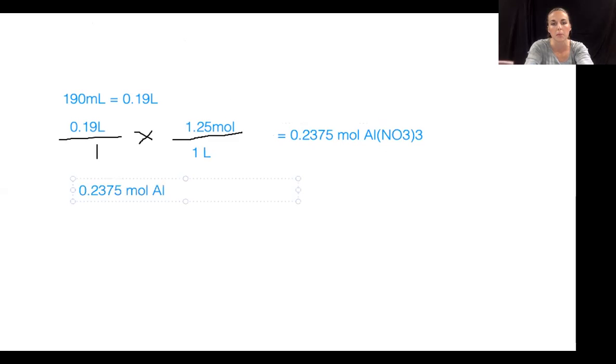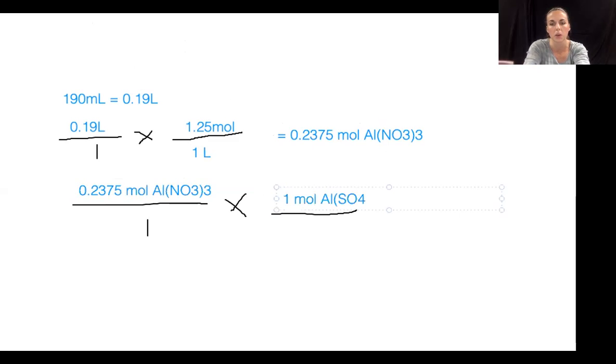Moles of aluminum nitrate over 1. I'm going to do a conversion factor for this. It's going to be the number of moles of sulfate on the top, because that's what I'm going to. And I think that was SO4. Oh, I don't remember the other number. I'll plug it in a minute. And then I know I had 2 moles of aluminum nitrate. That's going on the bottom.